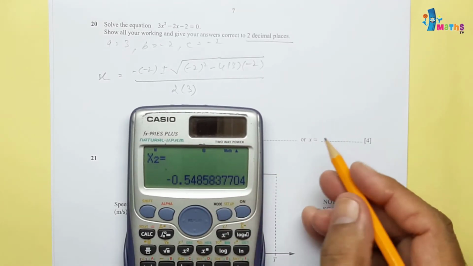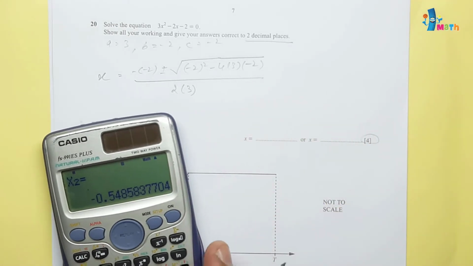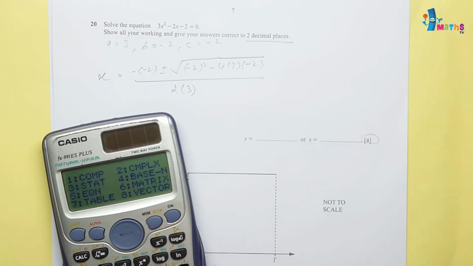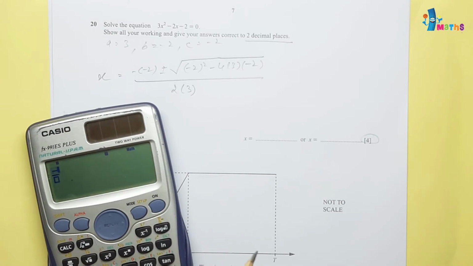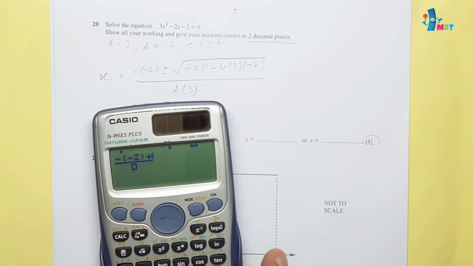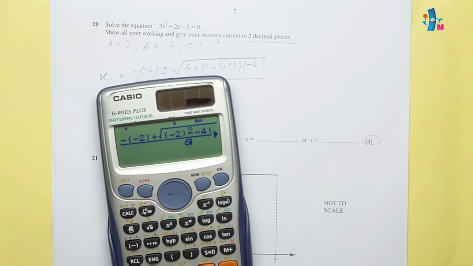These are the values which we have solved with the calculator, and to confirm that your answer is correct, because this is a 4-mark question, you will have to show your complete working. So we'll go back to mode 1 and write this. This will be minus into minus 2 in brackets, plus the square root of minus 2 squared minus 4, a will be 3 and c will be minus 2, and divided by 2 into 3, which is 6.